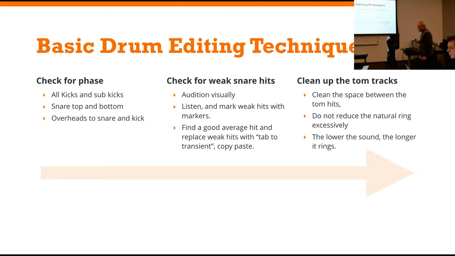Then the second thing you should do is go through your entire drum performance and check for weak hits. Right, it happens. You know, drummer's not a machine. He doesn't have a velocity setting, right? So we gotta make sure that within the kicks and the snares, through a performance, that it represents what the rest of the song is.